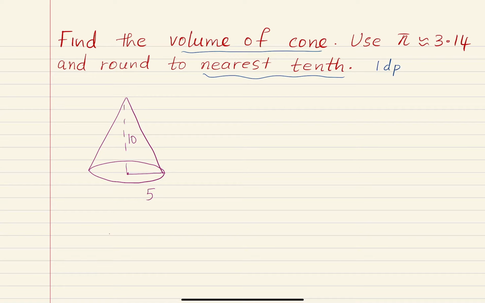So let's solve it. Here the cone volume is pi r square h divided by 3. So identify r and h.